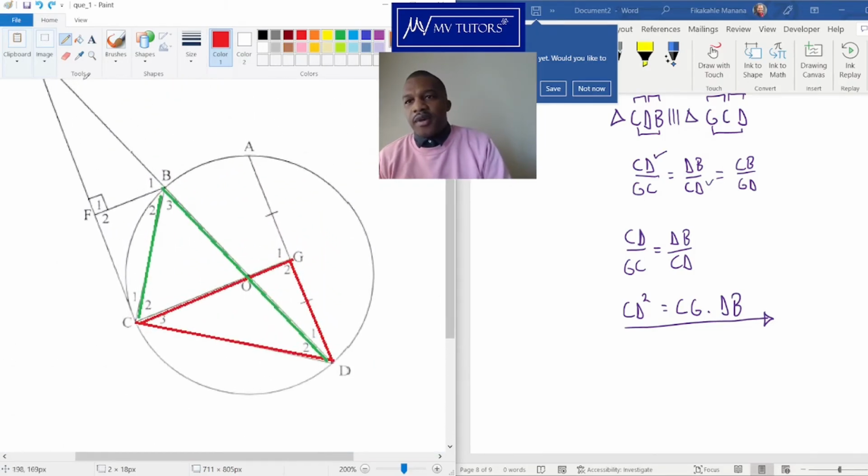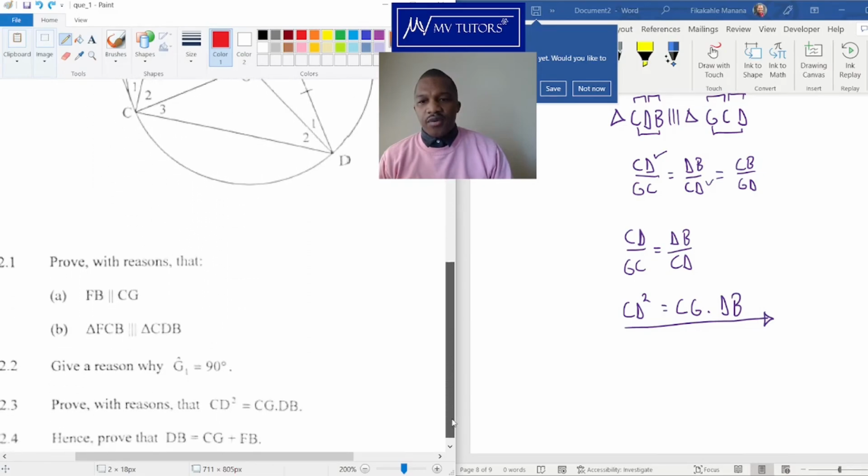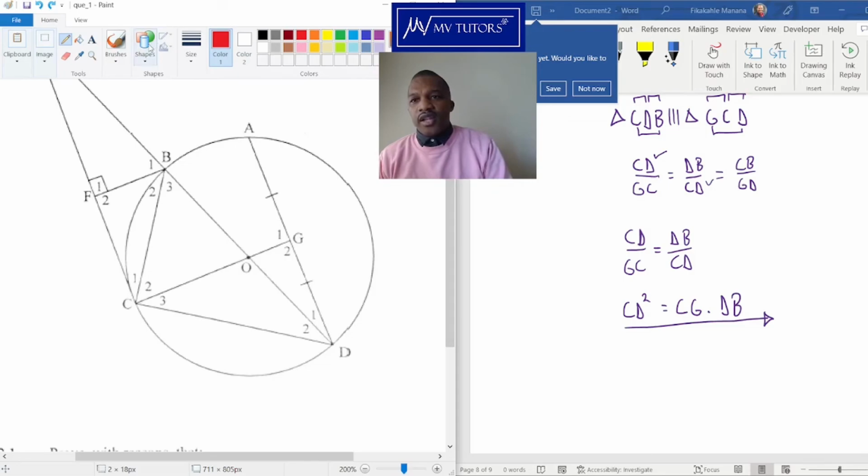Let's see from our triangles here what we are working with. So first of all, we're going to identify what we're working with. They want DB, so let us identify DB. There it is, BD. Cool.